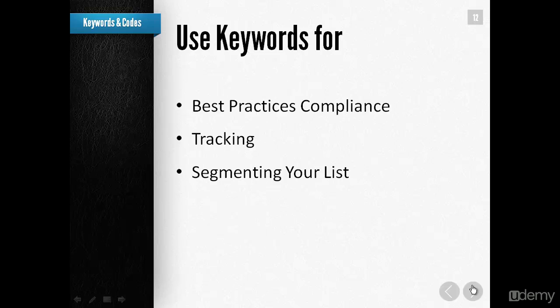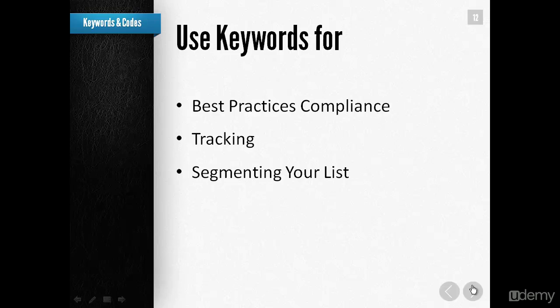The ways that you can use keywords in your campaigns are in terms of best practices and compliance. By that I mean you can have a lot of different lists, and you can send people into segmented lists very easily by just having them reply back with a keyword. By replying with the keyword, they're texting in and getting onto the list, as we talked about in the mobile spam option, as well as the list building component.